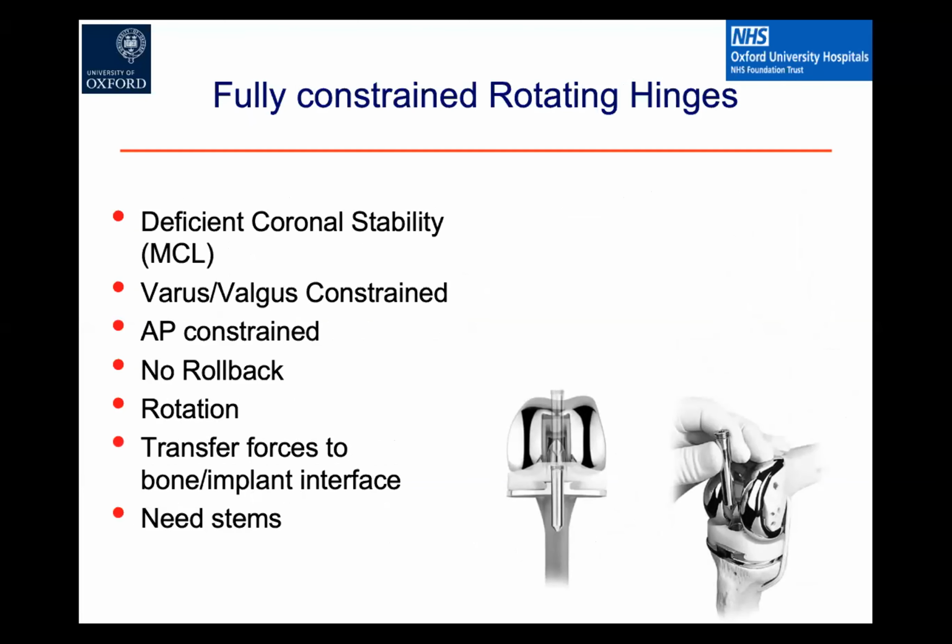And then you have the rotating hinges, which is when ligaments are deficient, such as MCL or LCL insufficiency. And again, they have varus valgus constraint and AP constraint. There is no rollback here. There is a little rotation, but again, you need stems because of the transfer of forces through the implant interface.